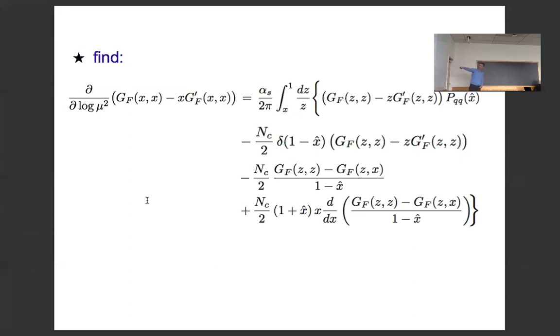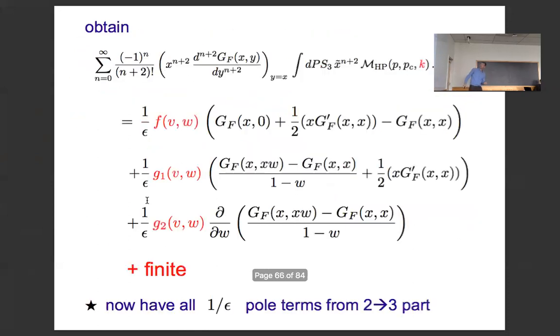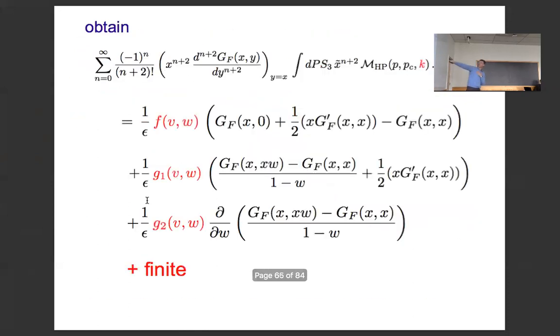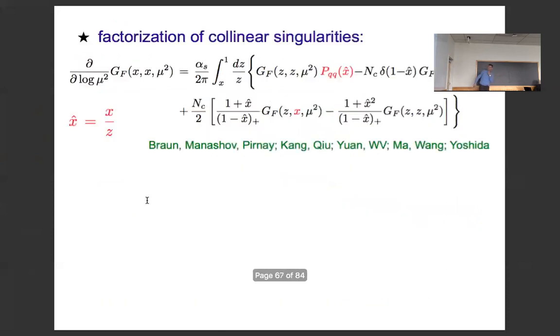And you have another piece that has a derivative of that. Now if you look back at what we found a little earlier when we looked at the hard contributions, this is exactly what we found there, right? Here's a difference, here's a derivative of the difference. That's exactly what you need to cancel the poles. So that gives us some confidence that we were quite right in extracting these poles. So we've done a very small part.